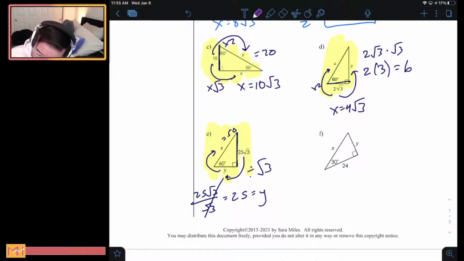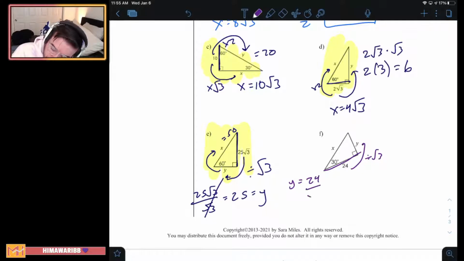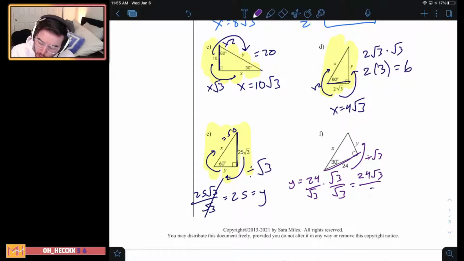The length here, this is a long leg, it's 24, and we need to solve for the short leg. So we divide by root 3, and this is one of those situations where, oh shoot, right? We need to get rid of the radical in the denominator. And remember, it's as simple as multiplying it by itself. Because when you do a radical times a radical, it cancels it out. So we end up with 24 root 3 over 3.